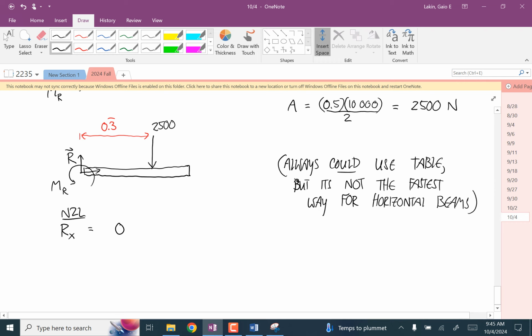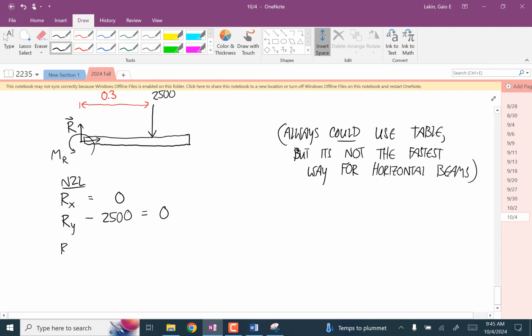The Y equation says Ry minus 2,500 is equal to 0. And the moment equation, I'll put the about point here.